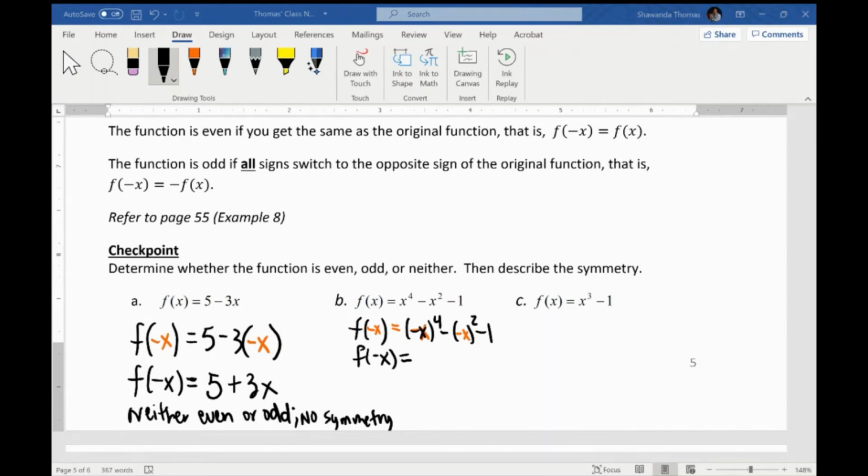Can we simplify that? Is it going to be positive x to the 4th power? Yes, because if it's to an even power, the negatives are going to cancel out. Negative times negative times negative times negative all cancel out.